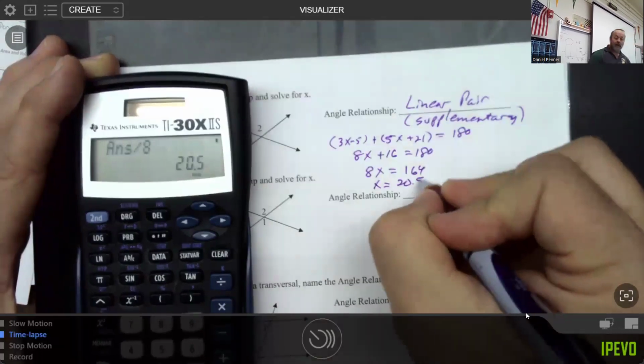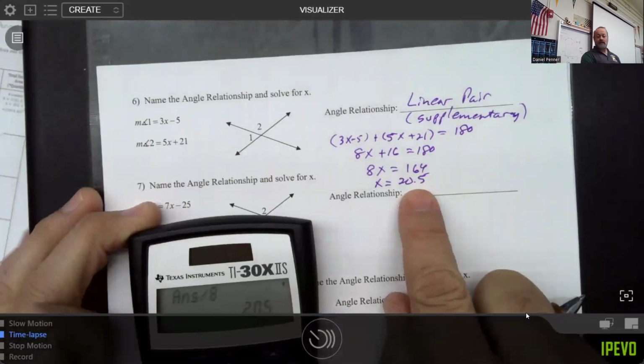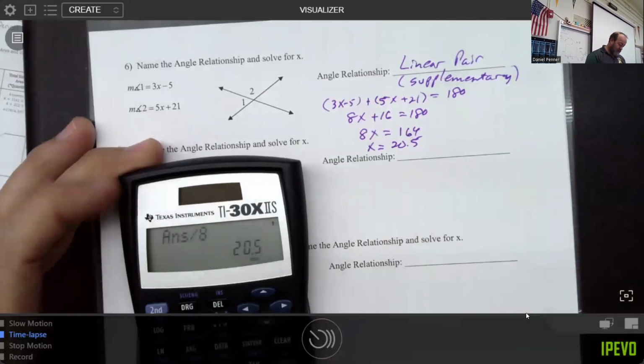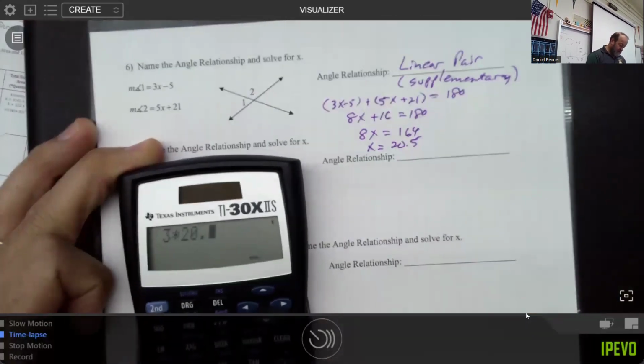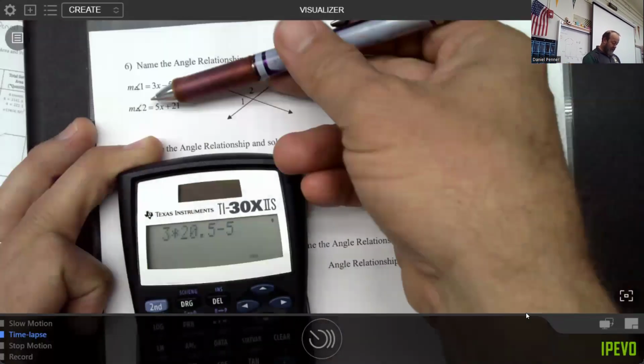Now, like I said, I personally really like to check my answers, especially if I don't get whole number values, because it makes me wonder, did I make a mistake? Should it have been something that wasn't perfect? Because math teachers usually make things perfect for their students because they don't want the students to make silly mistakes. So I did 3 times my 20 and a half minus 5.